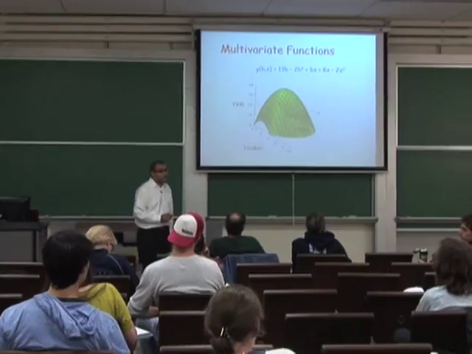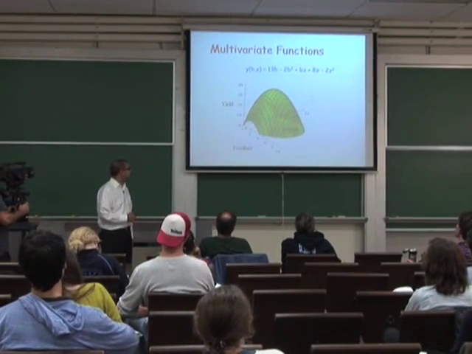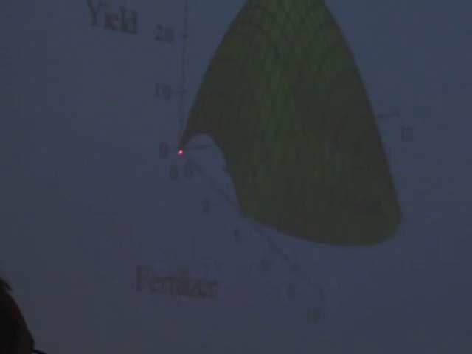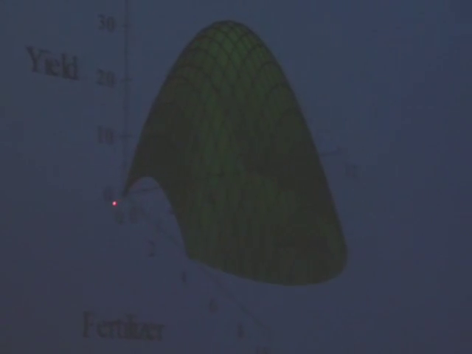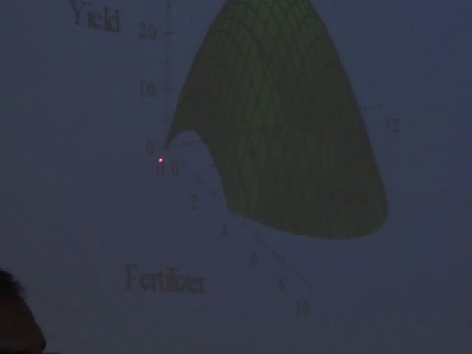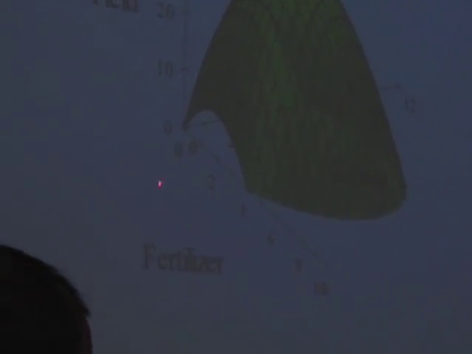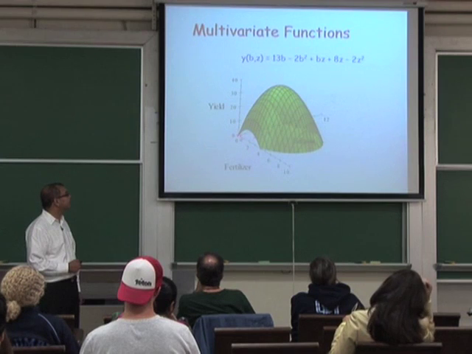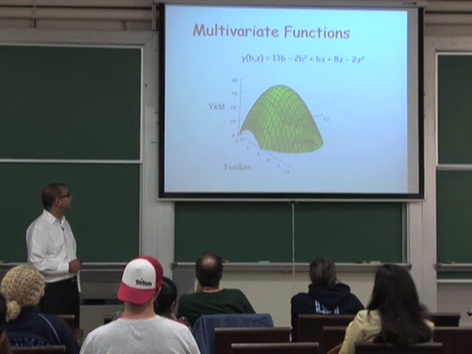So if you think about this surface, it looks like a hill that starts out at 0, where labor input is 0 and fertilizer input is 0, so yield is 0. The units of yield would be in terms of bushels of corn per acre, since we haven't included land in this.